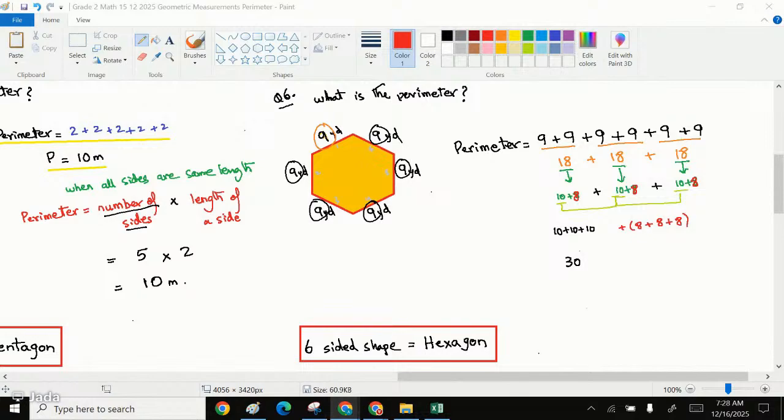That would be 24. That means when we add 30 plus 24, the perimeter comes out to be 54.